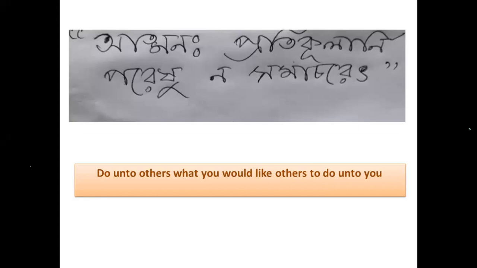So if I, as a researcher, am seeing my research participants in the opposite chair, just take yourself to that opposite chair and see whether you can act the same. Then if you are acting the same, I think you are ethical.